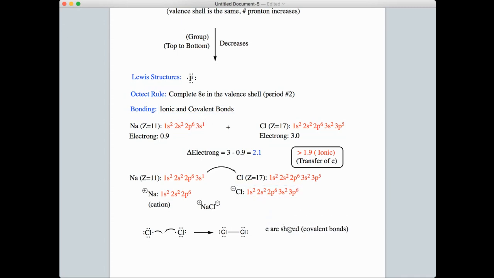In this particular case, because the electronegativity of both atoms clearly is the same, because it's the same atom, we're talking about a non-polar covalent bond.